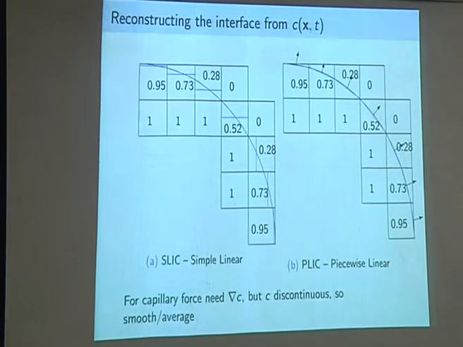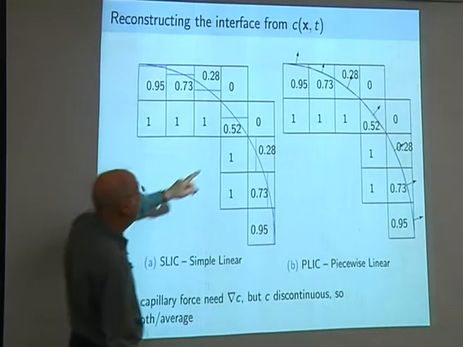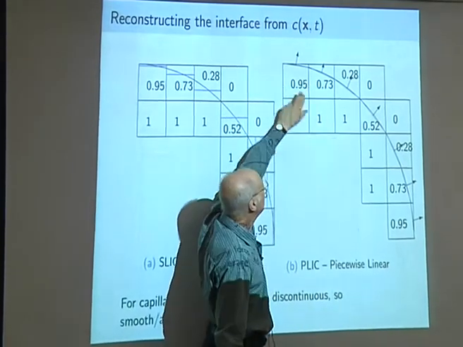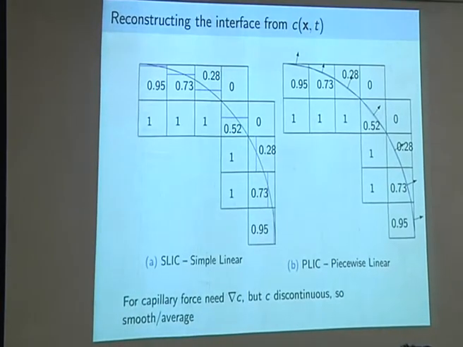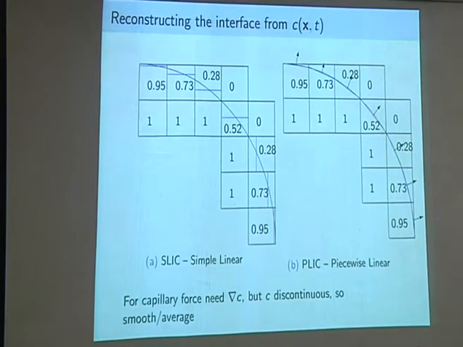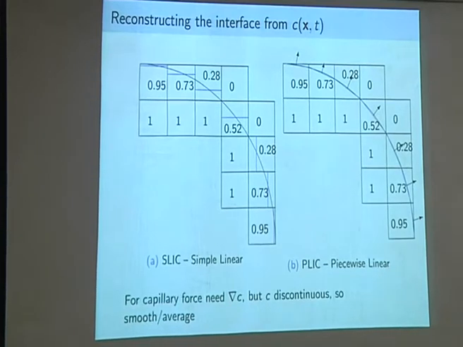So much more complicated is the piecewise linear construction, which says here the interface must be in this block here. So what I'll do is I'll look at the neighboring points, and I can work out the gradient of C in that direction and the gradient of C in that direction.